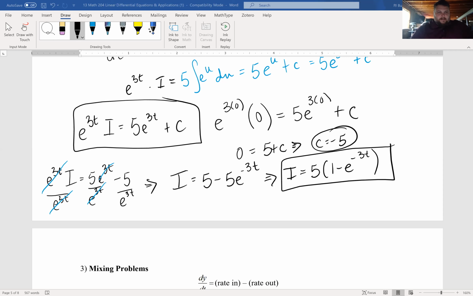But let's go ahead and plot it and just see if what we see makes sense. That equation there is the equation of the current for any time t. Just putting the function in here.